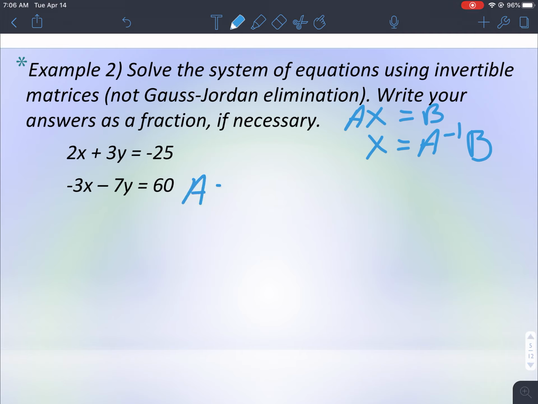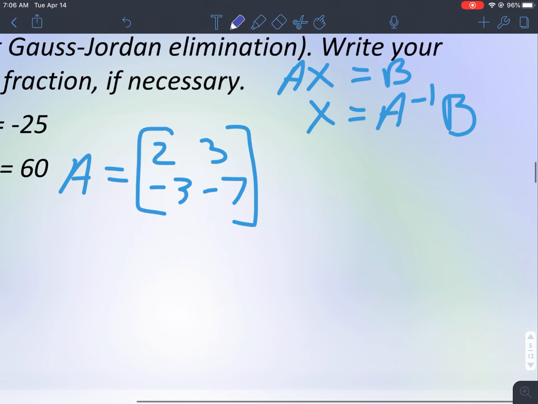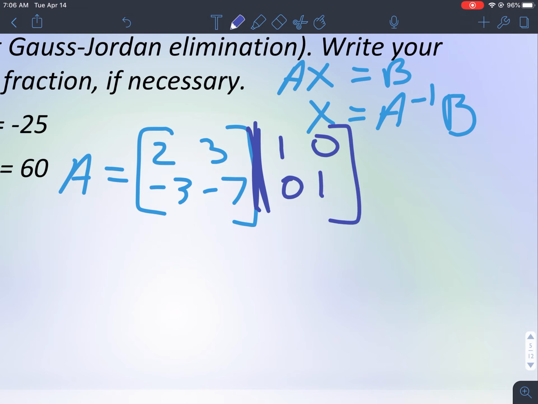So A is equal to now I'm going to set up the identity matrix here to get me that inverse. So let's multiply by 1/2 on the first row.